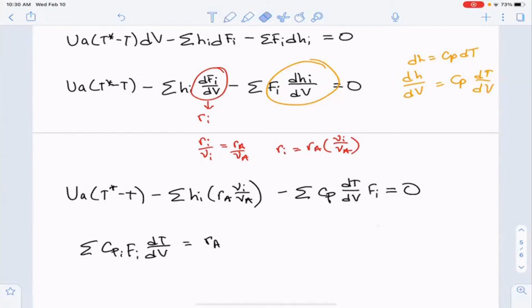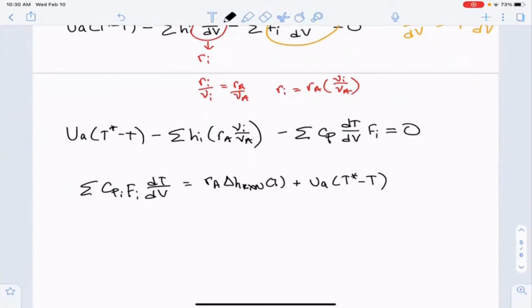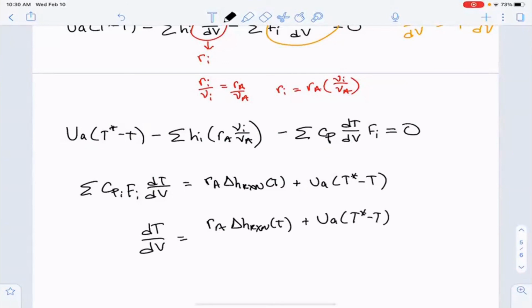And so that becomes Ra times delta H of reaction plus UA times T star minus T. And so finally, we have an expression that dT/dV is equal to the rate of A times delta H of reaction at that temperature plus UA times T star minus T divided by the sum of Cpi times Fi.